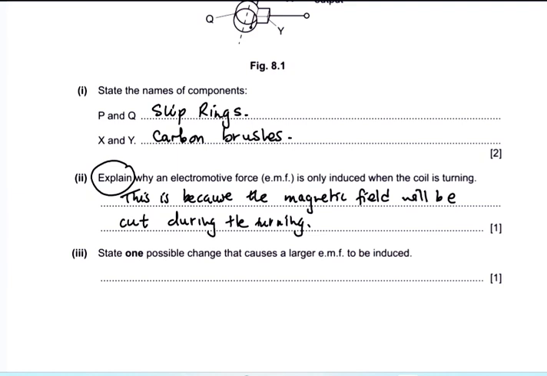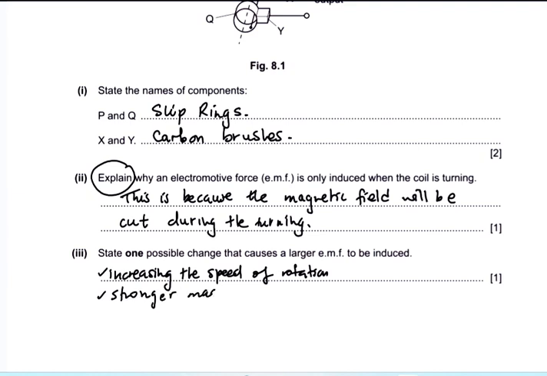State one possible change that causes a larger EMF to be induced. You can increase the speed of rotation. Right, we can increase the speed of rotation if you want to, or you can use stronger magnets.